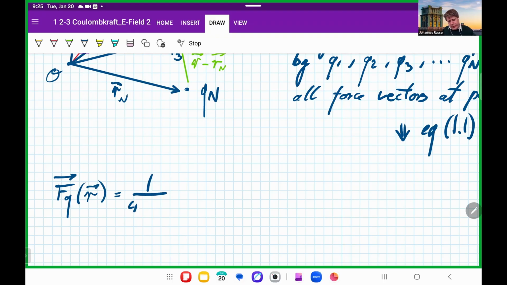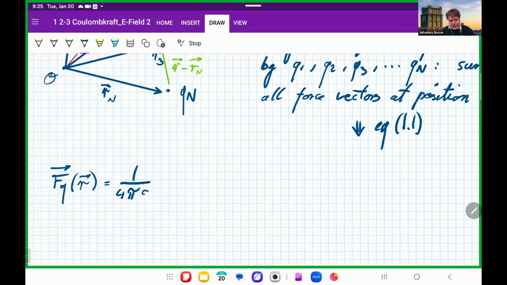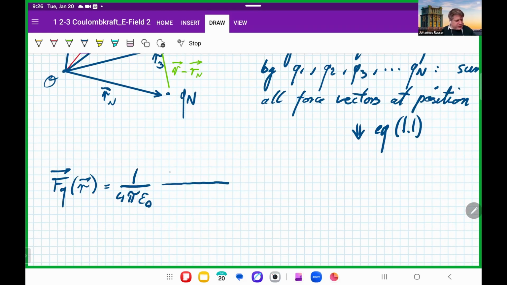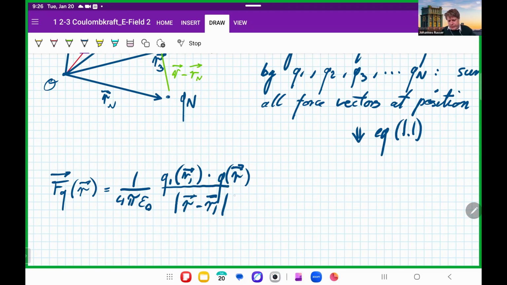So it's 1 over 4 pi epsilon 0. The first contribution is charge 1, which is located at R1, acting on the test charge Q. In the denominator, we get the magnitude of R minus R1 to the power of 3. So this is our general vector formulation that we have introduced, and this is the contribution of the first charge.